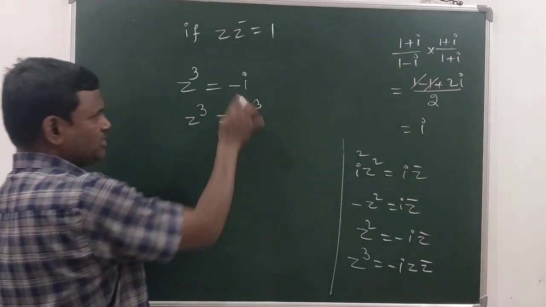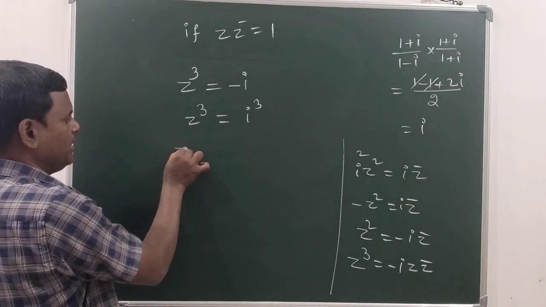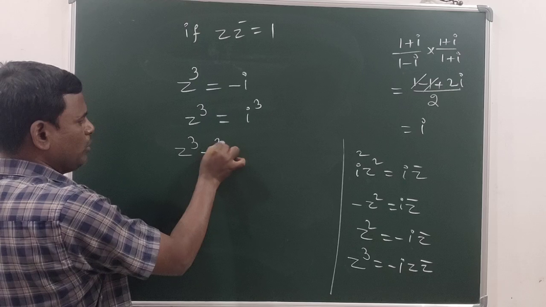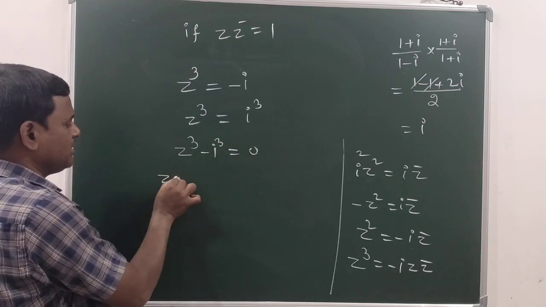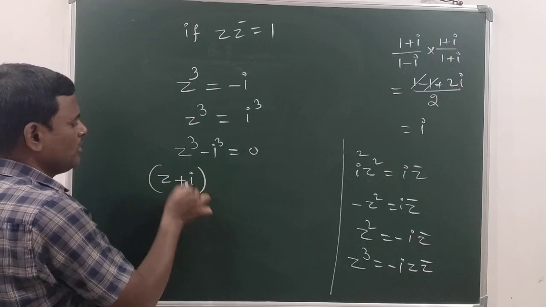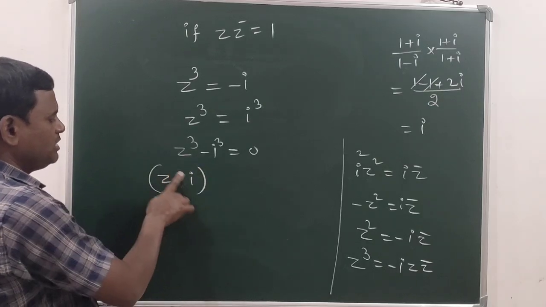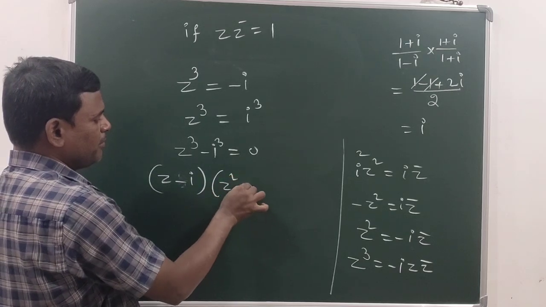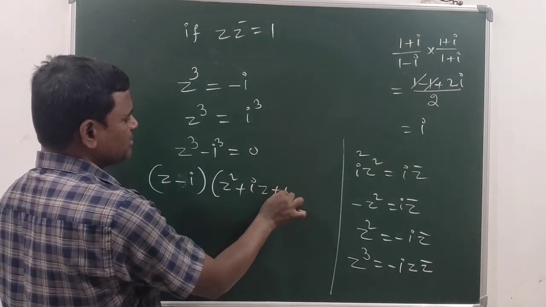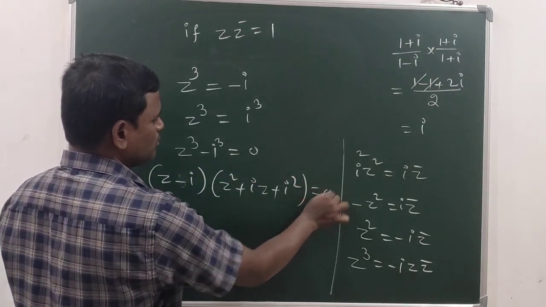So you can write this one like this. Now bring it to the left side: Z cube minus i cube is equal to 0. Now factorize it using a cube minus b cube: (a minus b) into (a square plus ab plus b square), which is equal to 0.